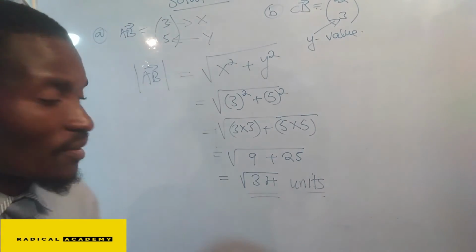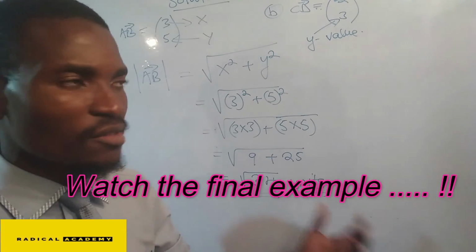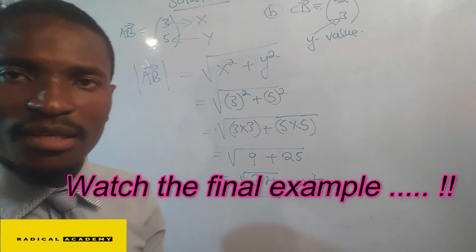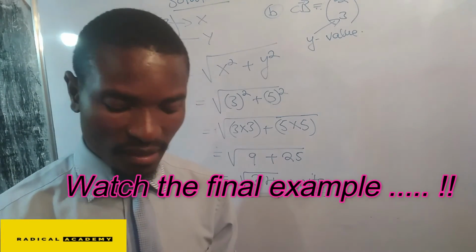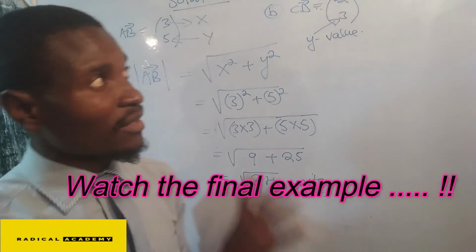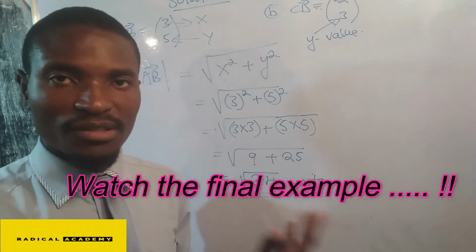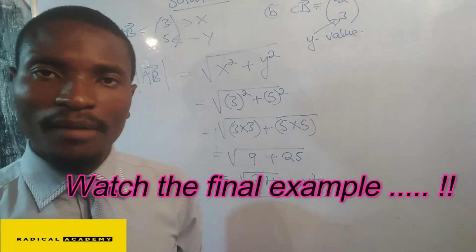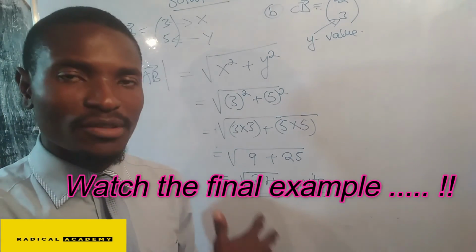Now the units. What we mean by the units is that if you are dealing with, for instance, meters, centimeters, or force, you can indicate that. But this is just an example to help you understand how you can come up with the magnitude of a vector, not so much a concern about the units.